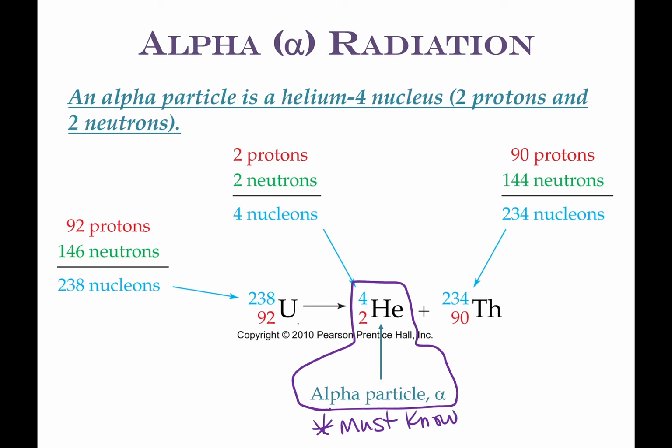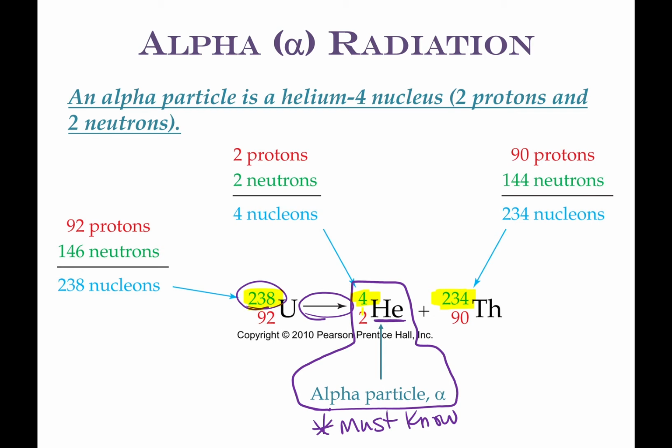So when uranium starts to spontaneously decay, it's going to emit alpha particles, which is a helium-4 nucleus. So it emits this helium-4 nucleus, and because this is on the other side of the arrow, remember the conservation of mass tells us that these 2 blue numbers must add up to this blue number.